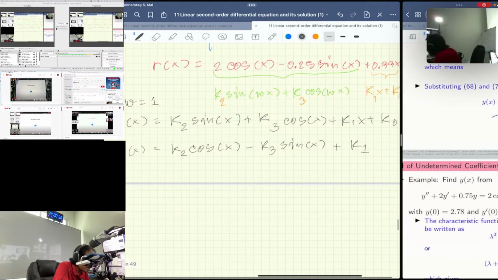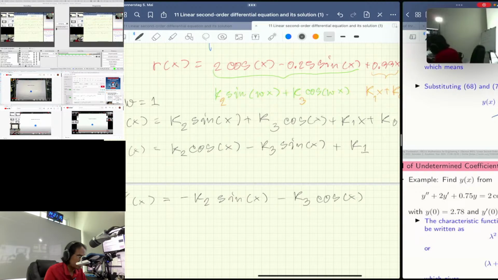And yp double prime(x) will be the differentiation of this term: negative k2 sine x, and the differentiation of this term with respect to x will be negative k3 cosine x, right?